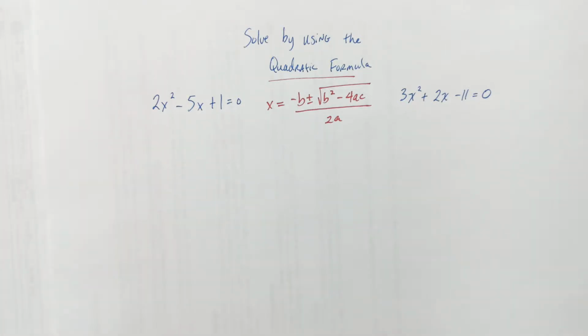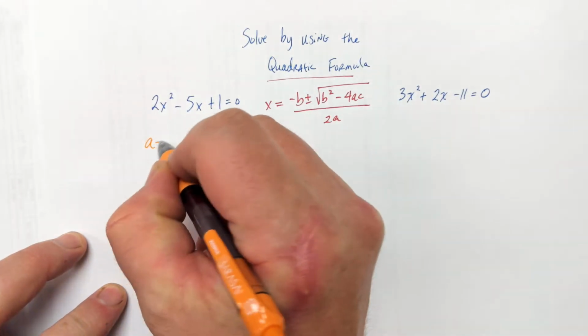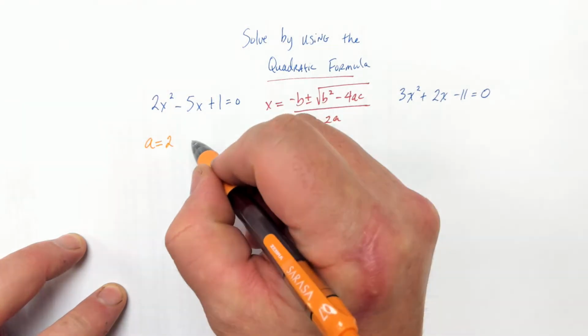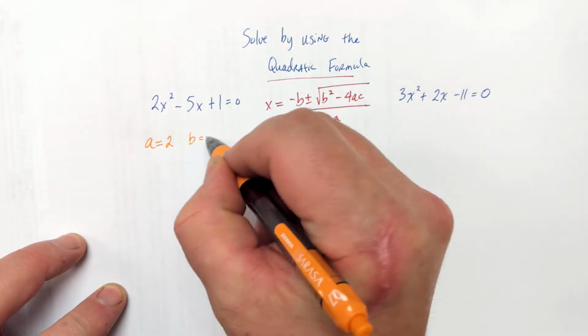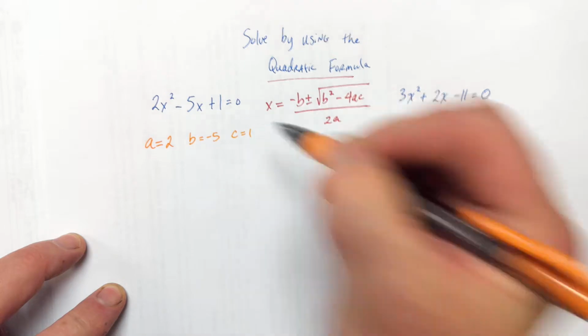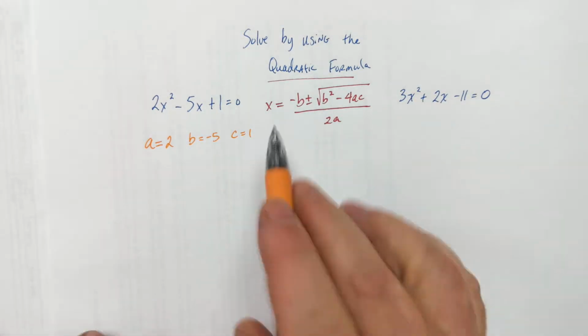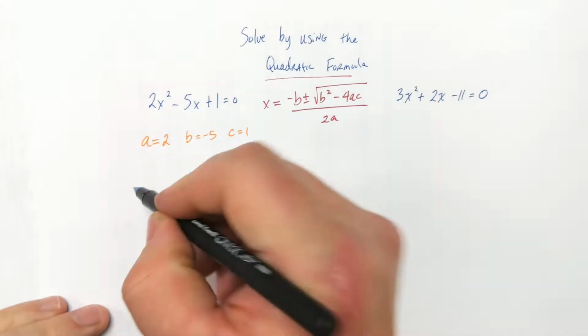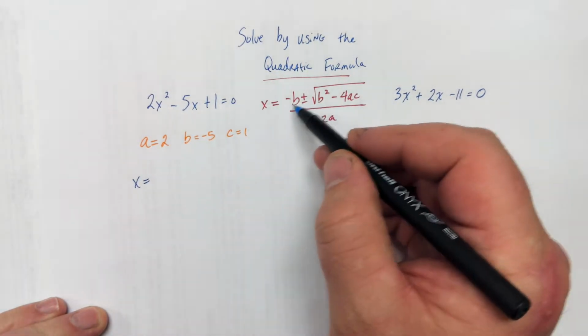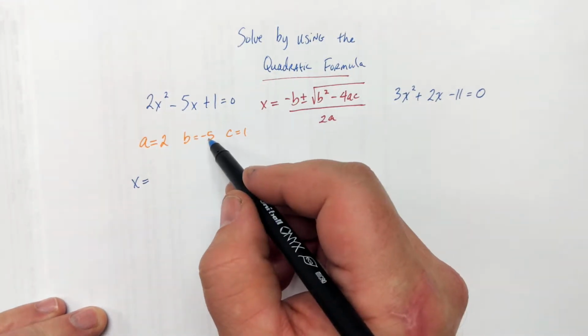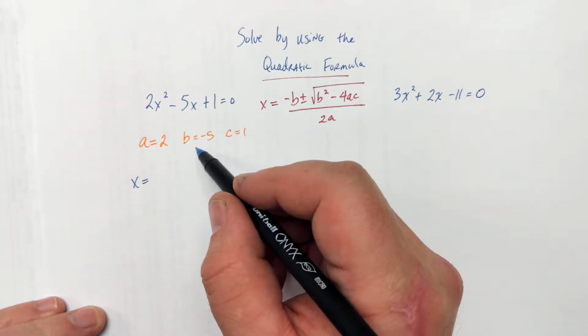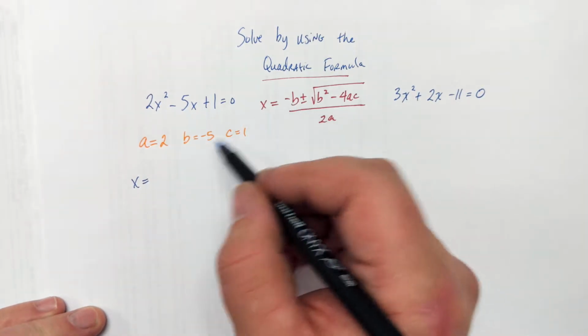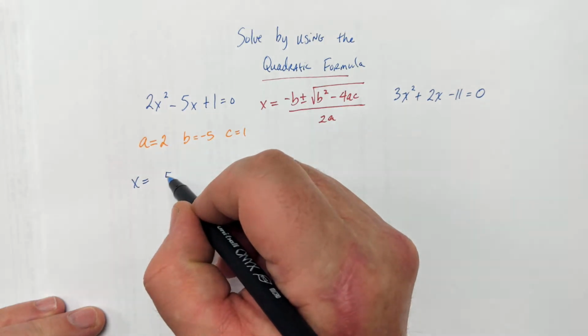Normally I don't start off by doing this, but I'm going to go ahead and write what A, B, and C are. A is the leading coefficient, B is -5, and C is 1, right? So I have to take these values and plug them into that formula. So x equals -b. That's +5, right? Because it's minus b, so it's minus -5, so that's 5.